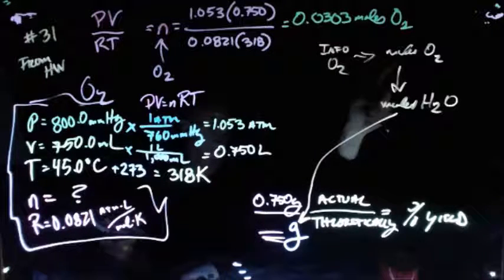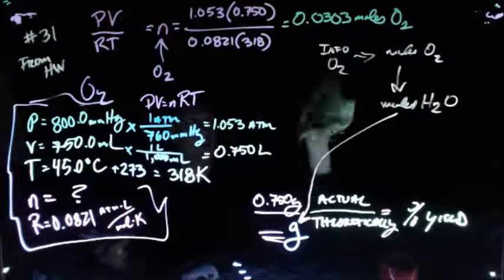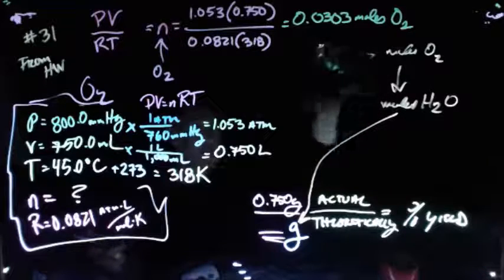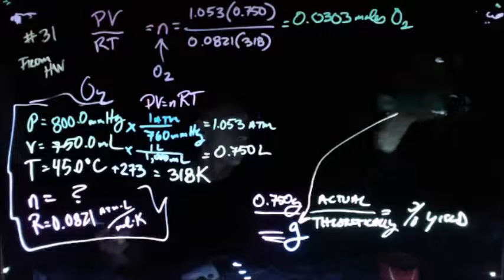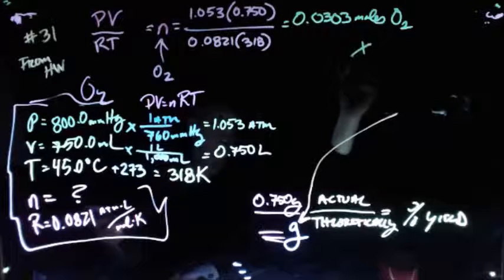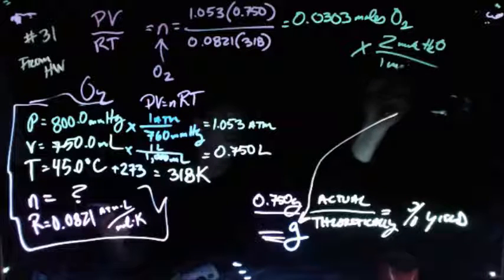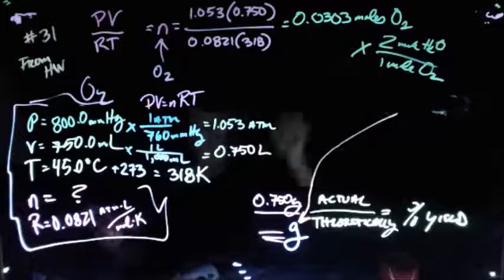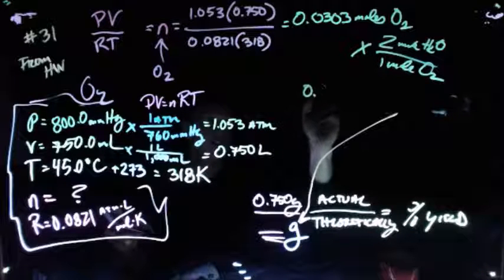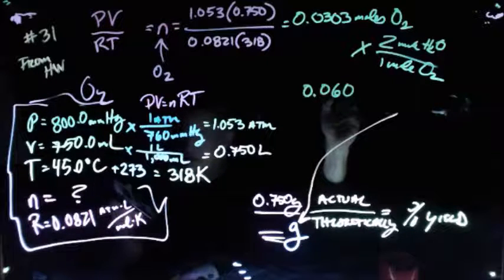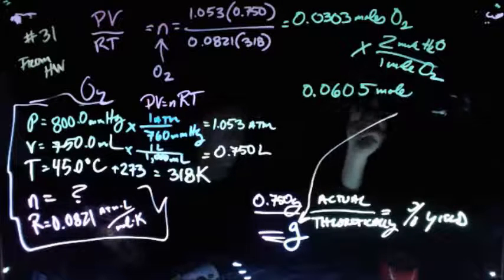So we are right here in our plan. And then I want to go from moles of O2 to moles of water. I'm going to do that with a mole ratio. Now I erased the balanced equation, but it was 2 moles of water for every 1 mole of oxygen. So I'm going to take this times 2 moles of water for every 1 mole of O2, and so I double that. And so we are looking at 0.0605 moles, or whatever, 0.0606.